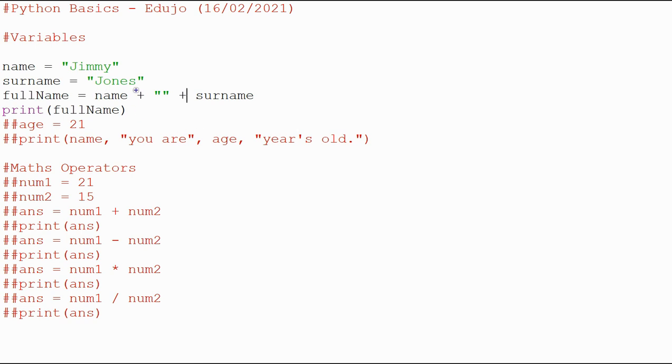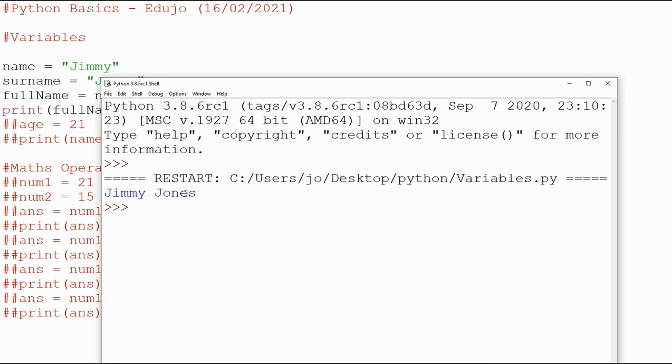I could have the name with a plus sign, then a little, oh, that's not going to help either because I do need a space. But anyway, the two plus signs are called concatenation or joining. I just want to put a little space there. Now when I run it, it's going to have a nice Jimmy space Jones, the way you want to see it, which is quite cool.